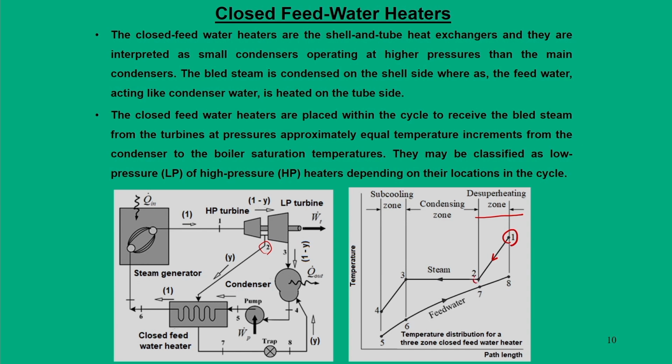Now, when it reaches the saturated point, that is when it is saturated vapor at state 2, the steam starts condensing in this closed feed water system. When it condenses, it releases latent heat of vaporization and then reaches saturated liquid, which is tapped at state 7. And then there is a subcooling zone. This is the second part, we call it the condensing zone, and third is the subcooling zone. During the subcooling, the further drop in temperature takes place from 3 to 4.